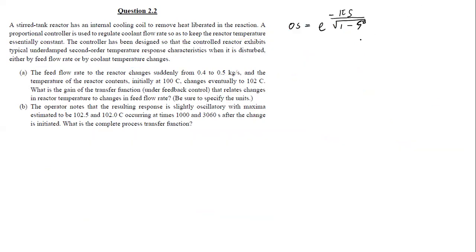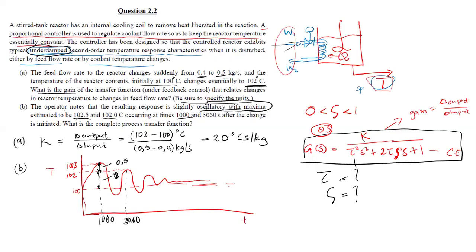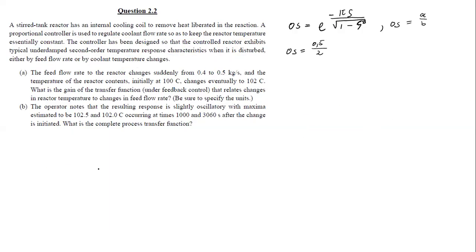So another way to calculate the overshoot: we say the overshoot is the ratio of how much the oscillation overshot. From the slides, if you still remember, we have A over B over there. So in this case, our overshoot is equal to 0.5 divided by 2, which is the difference that we have just calculated. The reason why I'm calculating the overshoot separately, without using this equation, is because I want to use this equation to determine the damping factor, or zeta.